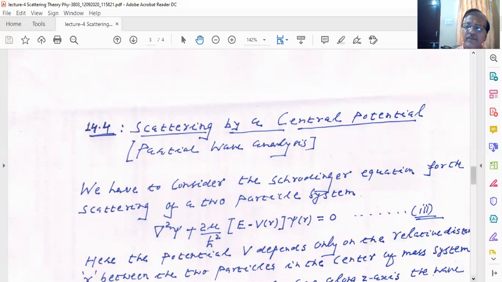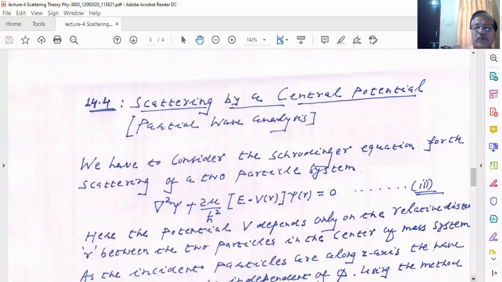Now you see here the potential V, this potential V is only depending upon the relative distance r between the two particles in the center of mass system. So there is a force acting between the two particles, which is along the line joining the centers of the two particles.